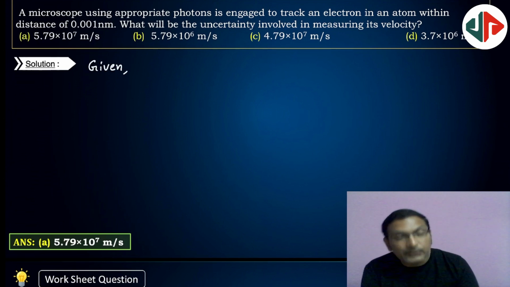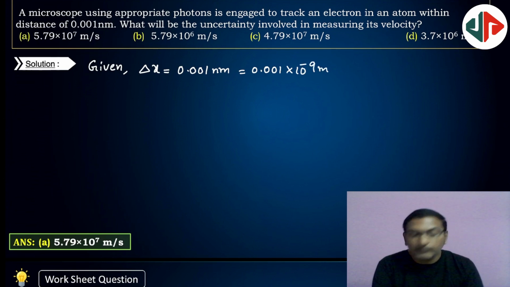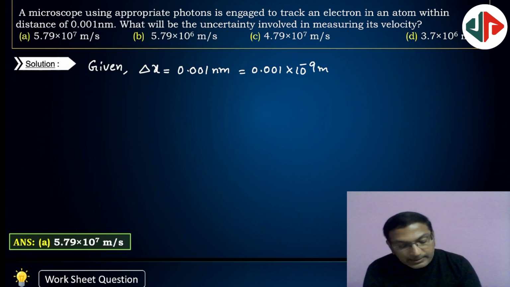Here the given value, uncertainty in position delta x is given, which is 0.001 nanometers, that is equal to 0.001 into 10 power minus 9 meters in SI system. Next.